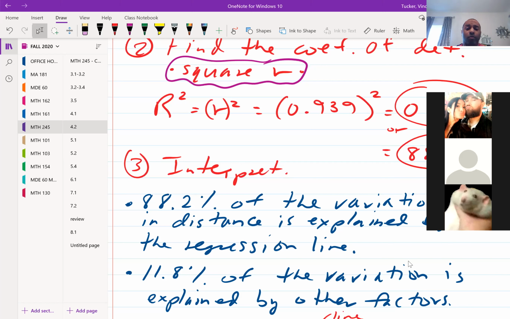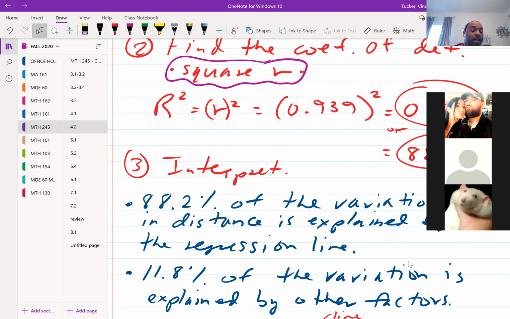But let's say you hit it at 103 miles per hour and it goes 350 or something crazy, I don't know. That wouldn't be in line with what normally happens. So they're saying there are other factors in play when you're talking about the accuracy of the regression line. Anything like human error could occur.